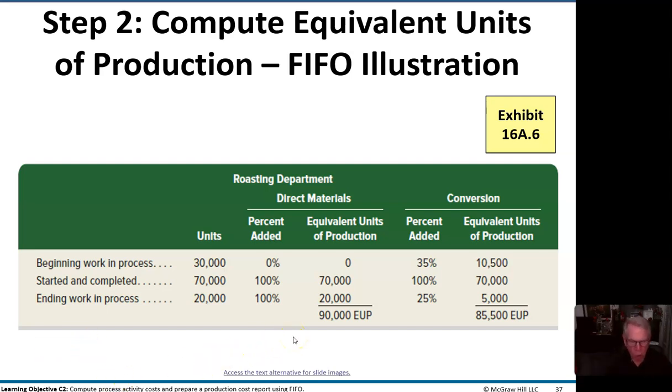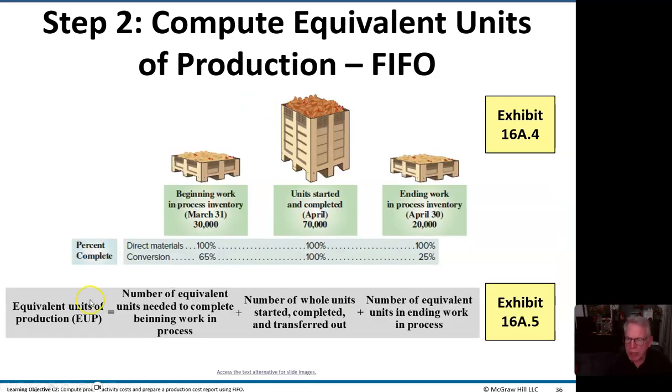And when we left off, I think it's worth reviewing that we were looking at the equivalent units of production using the FIFO illustration. So here we have our equivalent units of production. We're going to the units needed to complete the beginning work in process.